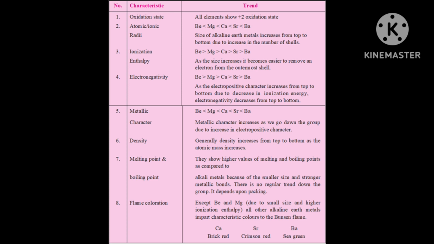Here calcium is 1767, but strontium is 1655, little less, and barium is 2078, and radium has 1973.